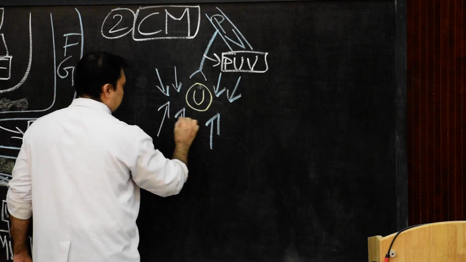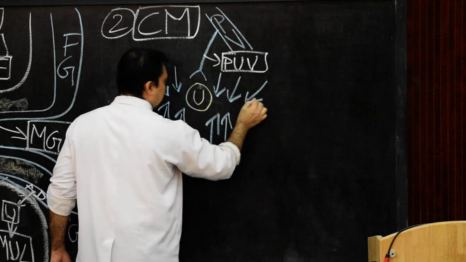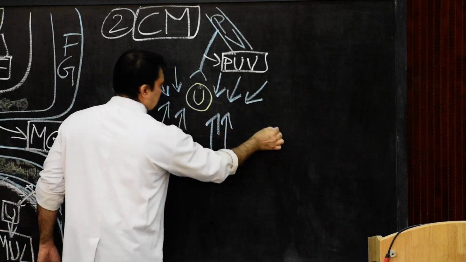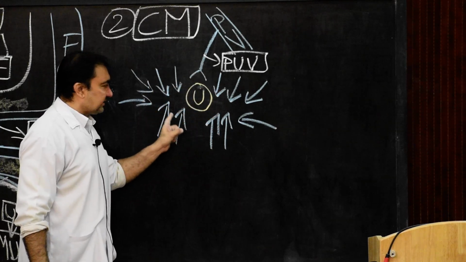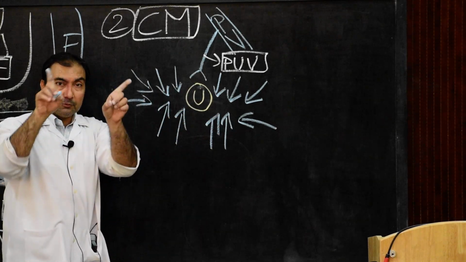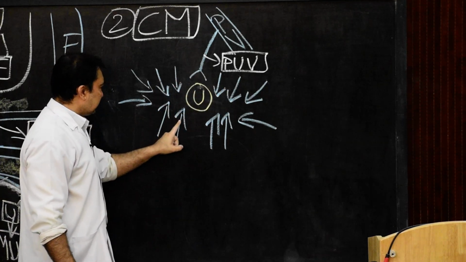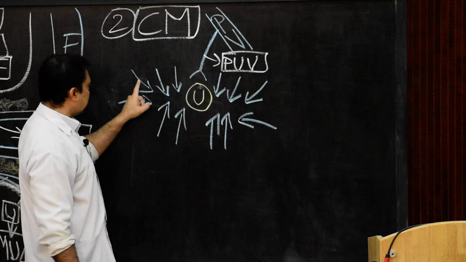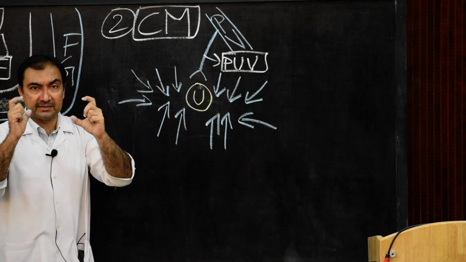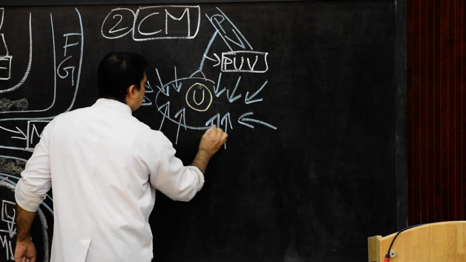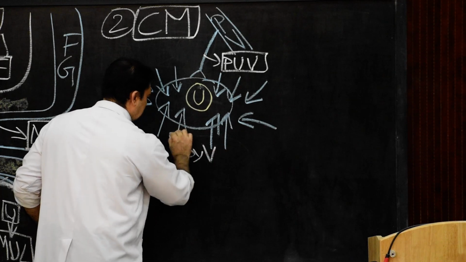Then superficial epigastric, and then from the sides the posterior intercostal and the lumbar veins. All these veins which I have drawn are systemic veins, and they are present surrounding the umbilicus. Remember, all these veins are the systemic veins.